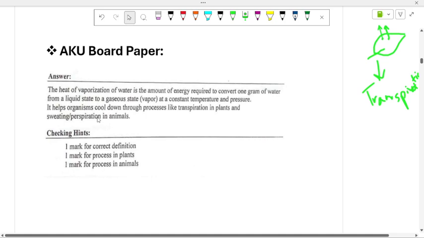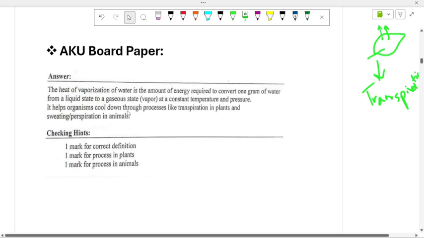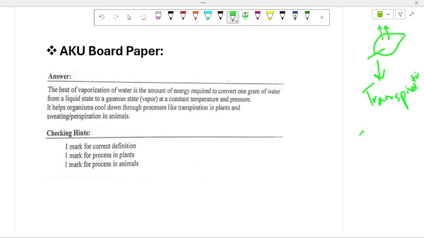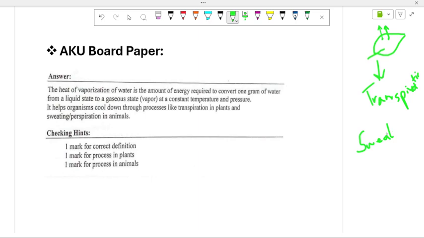If the water molecules are evaporating from the surface of the skin, and that is showing a cooling effect, then that particular process in animals is called sweating, or perspiration. Sweating and perspiration are both important because they create a cooling effect. These two processes help in thermoregulation, because both have their mechanism when there is high temperature.